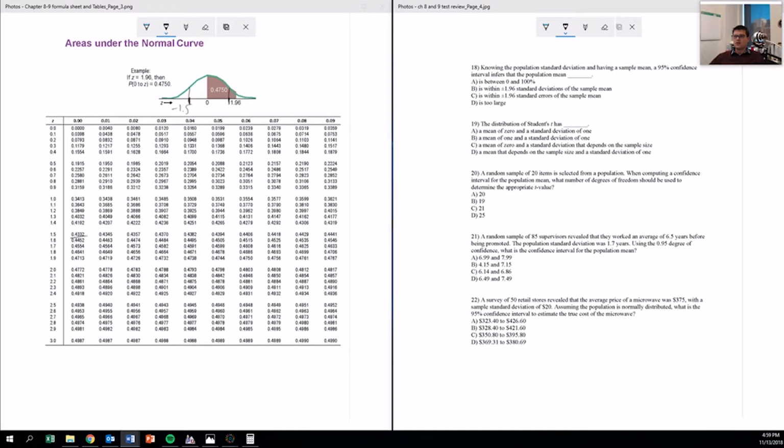A 95% confidence interval infers that the population mean is between 0 and 100? No. Is within plus or minus 1.96 standard deviations of the sample mean?